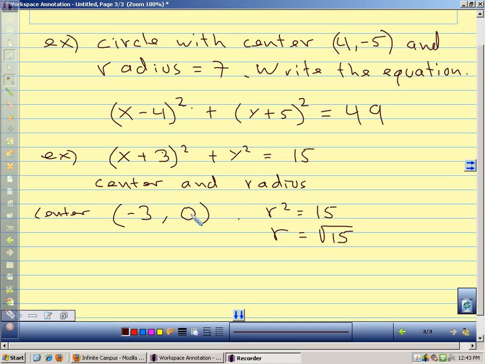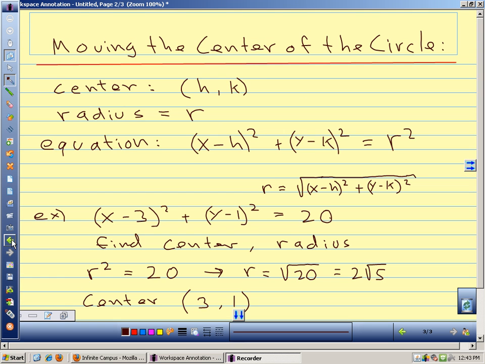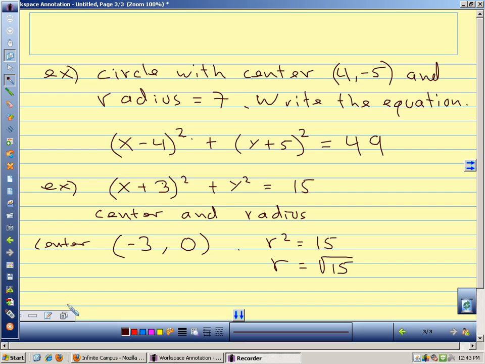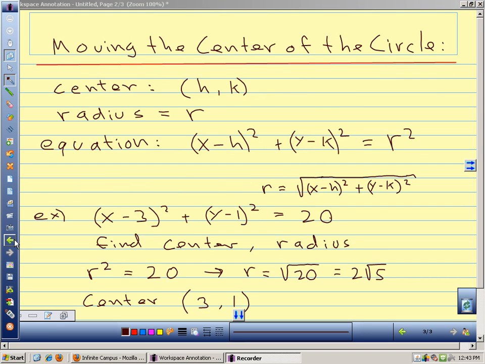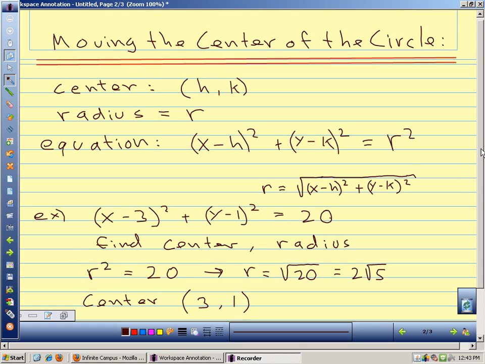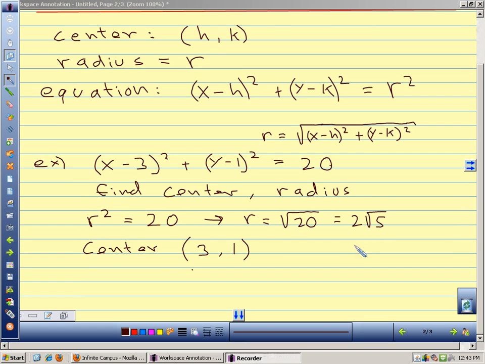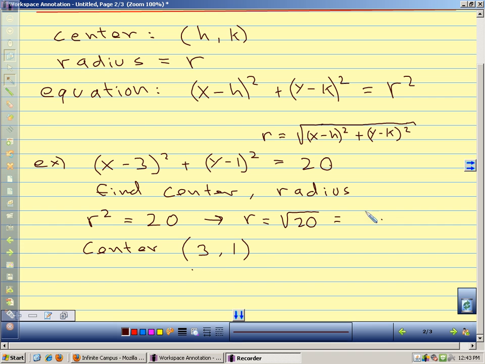Yeah, Lynn. With the first example, you simplified the square root of 20 to 2. Right. What is what? How did you get 2 times square root of 5? 20 is, did I do that wrong? 20 is 4 times 5, so this is the square root of 4 times 5.